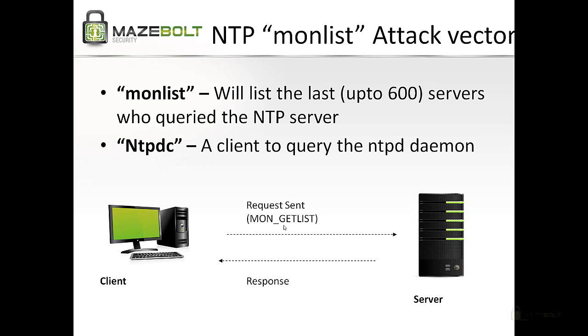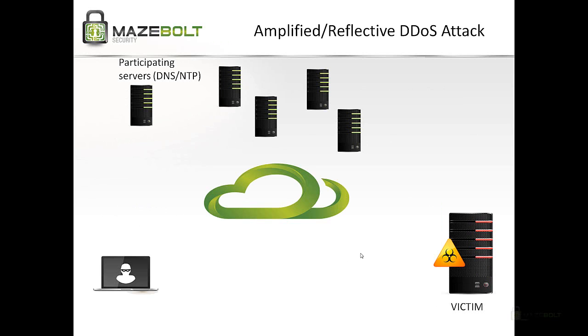So if I request a list from the NTP server, saying, please can you tell me who has recently requested a time from you, it will send me back all of the servers who have requested it from that one response. There's a client that you can use called ntpdc, which can query the NTP daemon with a monlist get list command. We'll have a look more at this later in the technical demo.